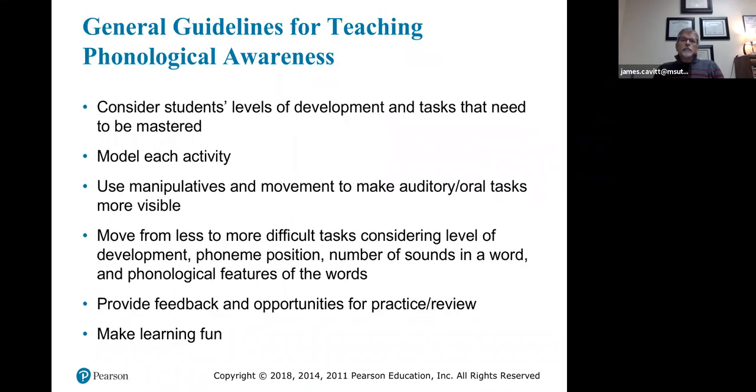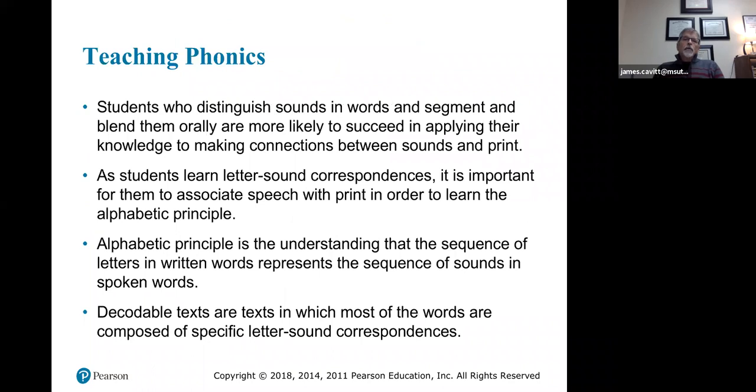Some guidelines for teaching this. Your book will be much more specific than what is being brought out today. So you can teach the alphabet principle, aligning the grapheme and the phoneme together, the visual symbol to the sound symbol.